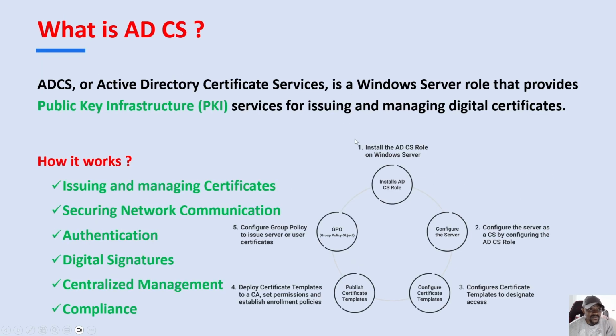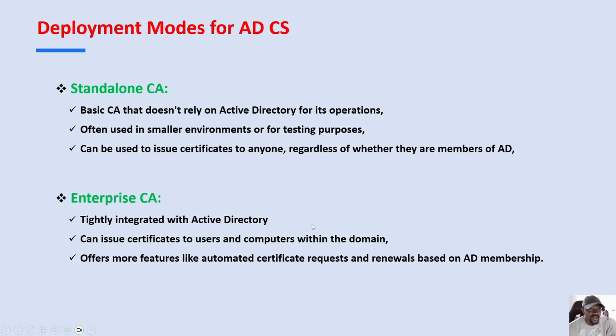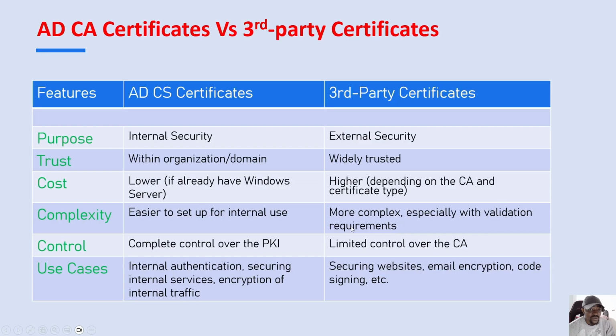So we saw this objective, then we thought about what ADCS is and how it works. We showed and explained the common use cases of using ADCS with FortiGate. We showed deployment modes, talked about the architecture and hierarchy of ADCS with a typical case, and also did a comparison between having an Active Directory certificate authority on premises and buying certificates from a third-party seller or reseller.